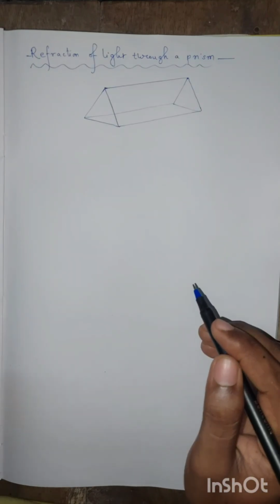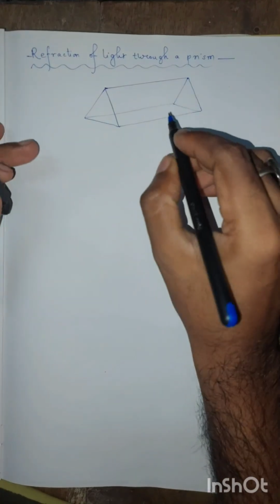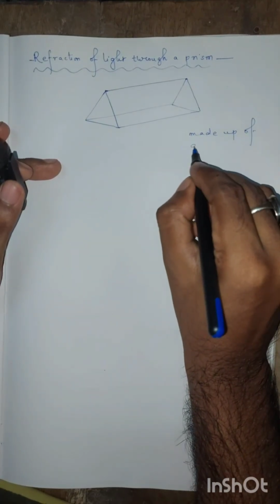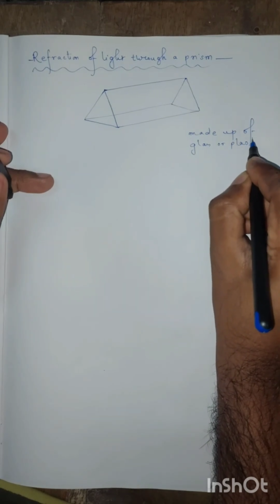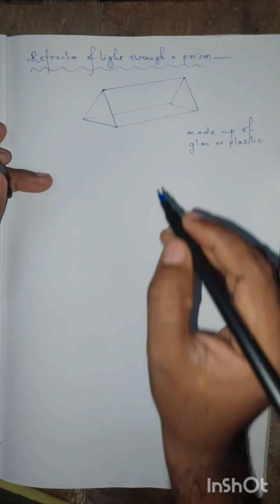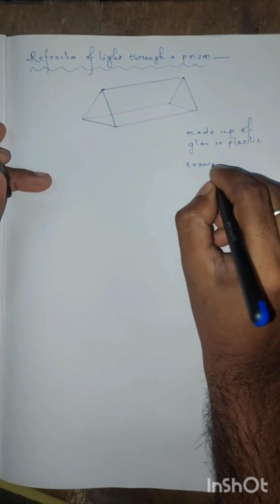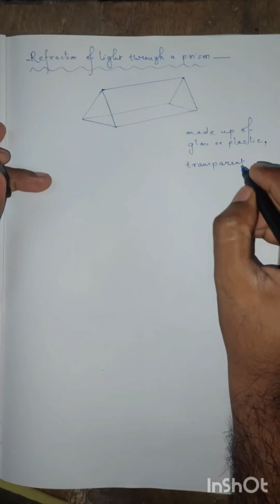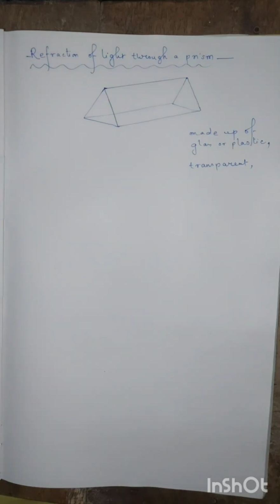So we can see that it is made up of glass or plastic, which is transparent, and which has five faces.